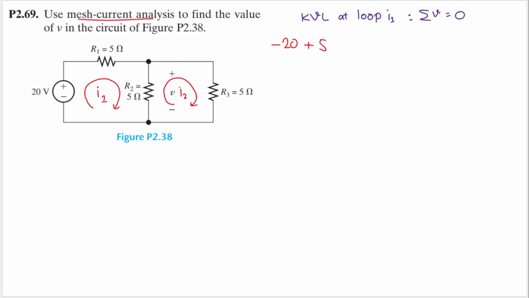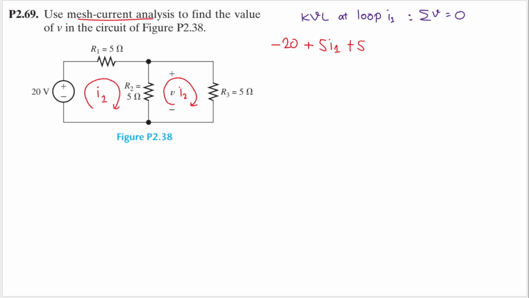But remember, we need a voltage. To get voltage from resistance, we need to multiply it by current. The only current that passes through this 5 ohm resistor is I1. So I will have I1 here, and then let's move on to the other 5 ohm resistor. I will have 5, and remember, we need to multiply it by the current.